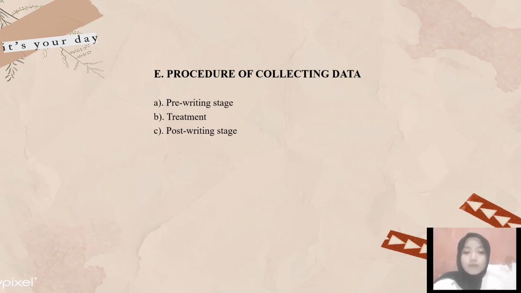And the researcher provides feedback on accuracy and precision in what they hear, see, and write. In the post-writing stage, students will undergo a post-test at the last meeting after receiving treatment for 4 meetings. This test was designed by the researcher to determine the development of students' writing skill who have followed all treatment.